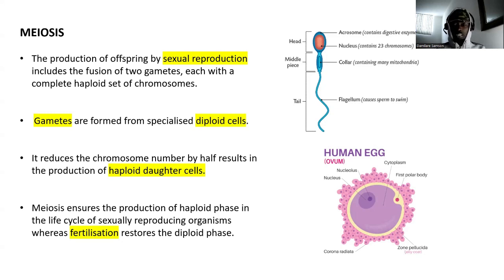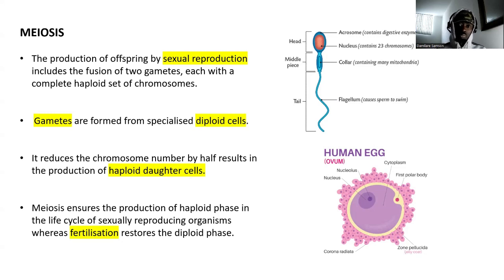If you look at the two diagrams I have here on this page, you will see the sperm cell from a mature male organism, and the egg cell from a mature female organism. We'll still go more into that when we get to sexual reproduction. But basically, we just want you to know that meiosis helps in the production of these sex gametes. Are you getting me? That's what I want you to pick up from here.